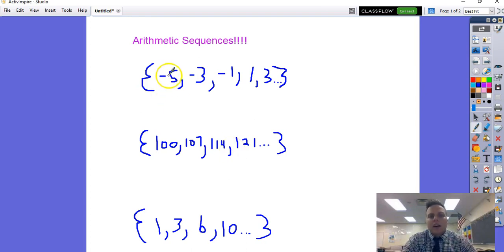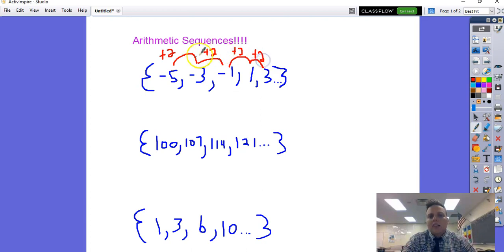So look here, -5. Then the next term is -3. The next term is -1. The next term is 1. The next term is 3. The ellipsis means it keeps following this pattern to infinity. What is this pattern? Well, I went from -5 to -3. That is plus 2. -3 to -1, that is also plus 2. -1 to 1, plus 2. 1 to 3, plus 2.